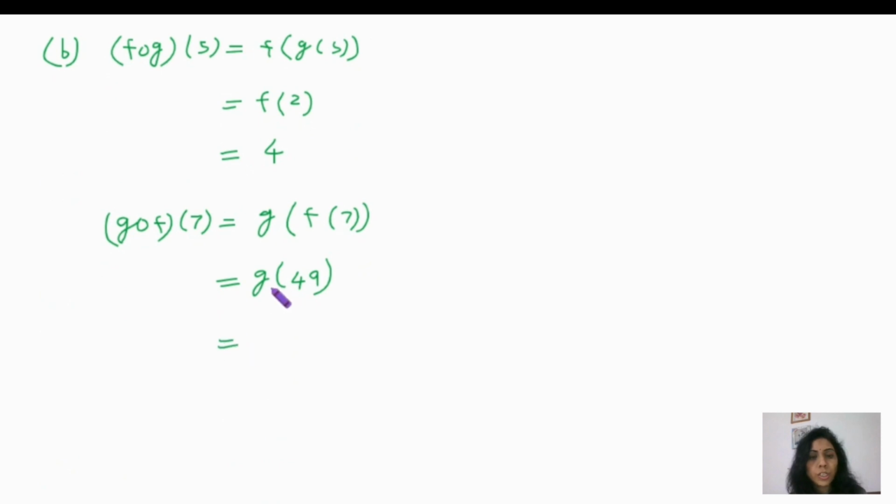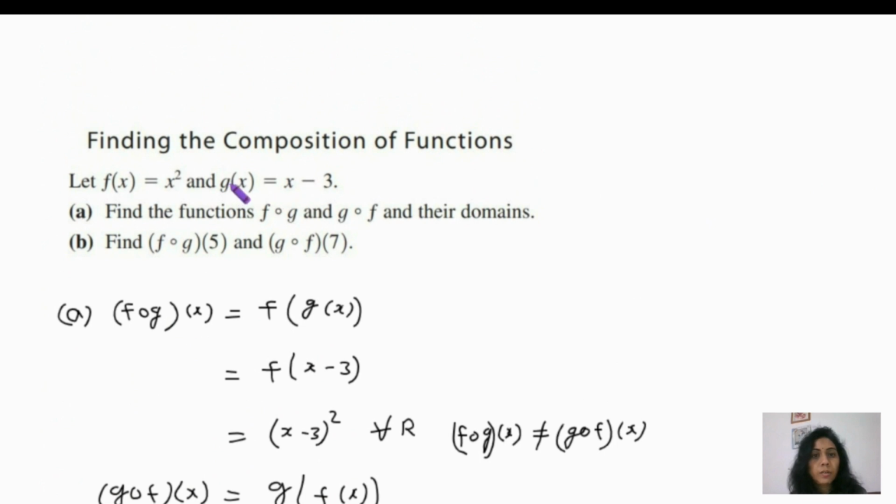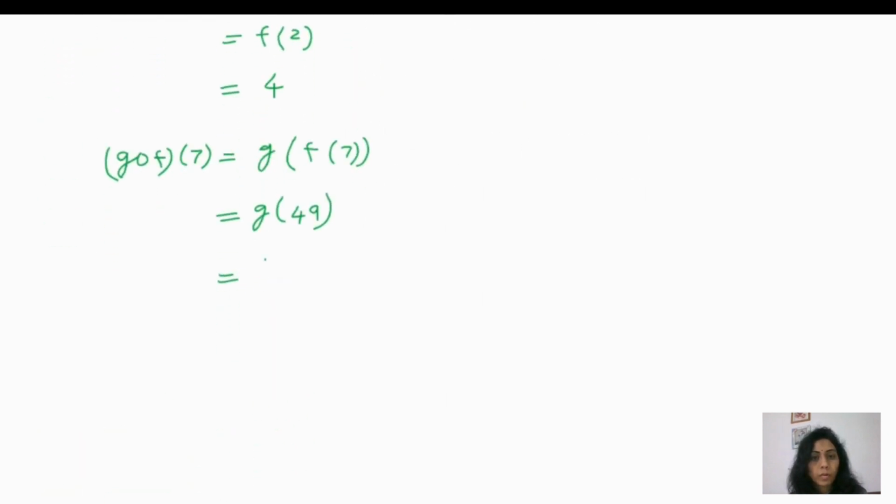Now g(49), which is 49 minus 3, that is 46. And this is our answer.